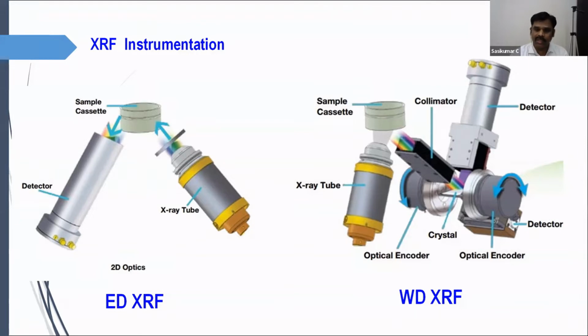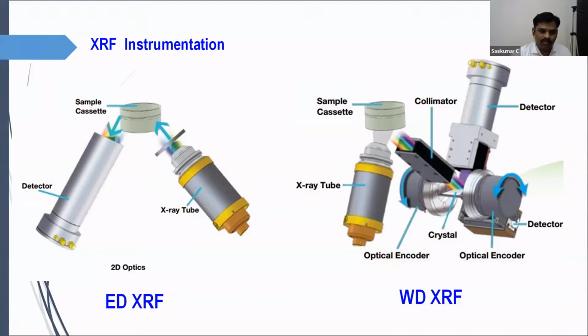Say chromium: the X-rays emitted from chromium will have a certain wavelength. Nickel: the X-rays emitted from nickel will have a different wavelength. So we separate them. How to separate them? Just pass them through a certain crystal. Here we have a single crystal, and this crystal will diffract your X-rays based on their wavelength.